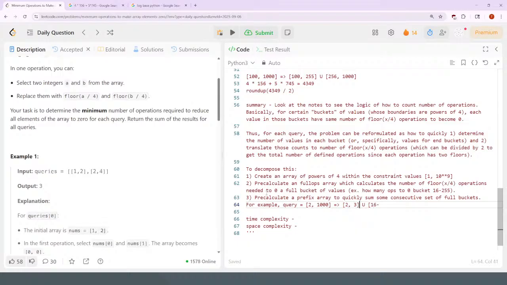You have a bucket that's 2 to 3, you have another bucket that is 4 to 15, another bucket that is 16 to 255, another bucket that is 256 to 1000.